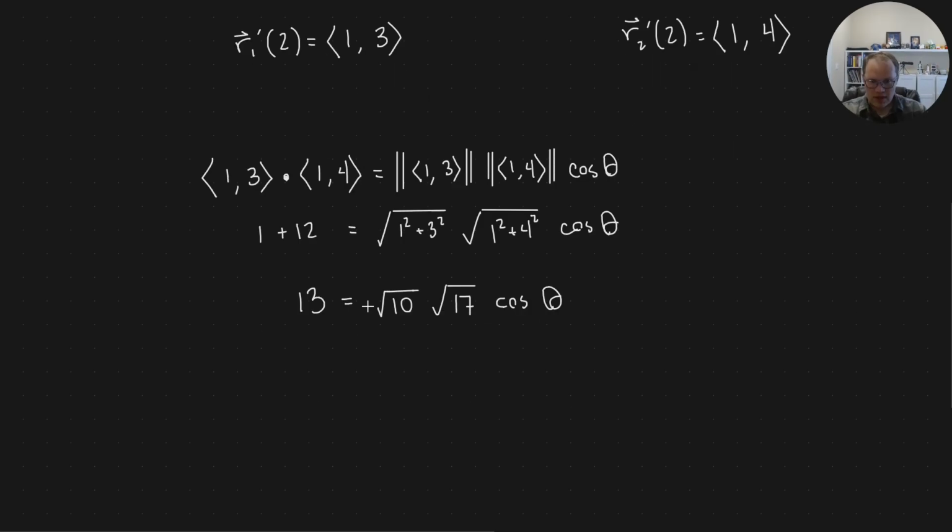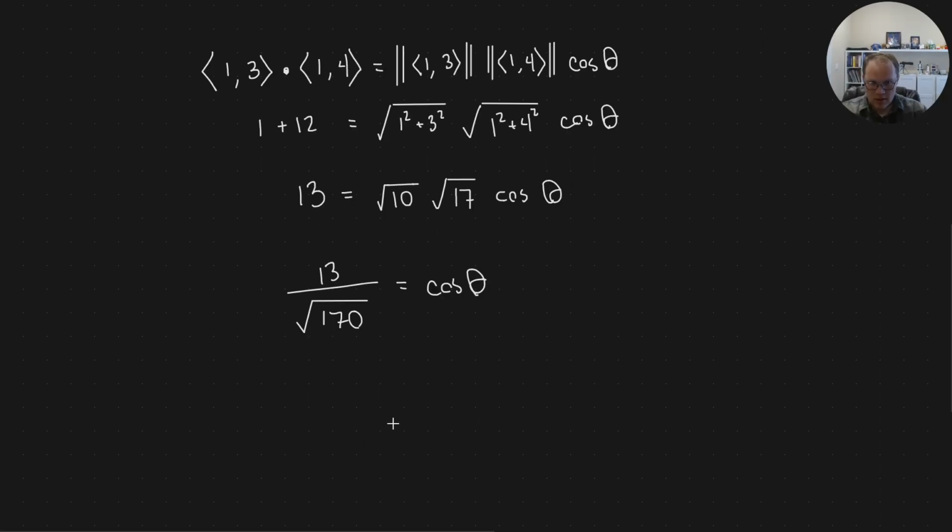So divide by root 10, divide by root 17. I get 13 over root 170, if you want to multiply them, equals cosine theta, which means theta is going to be the arc cosine of 13 over root 170.